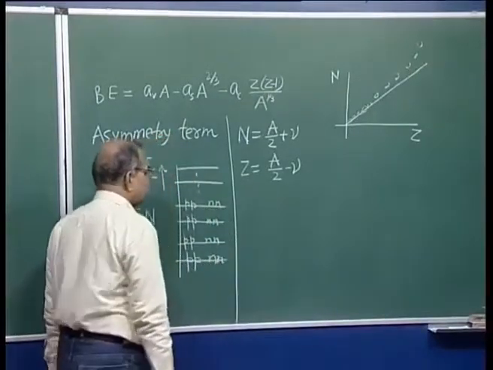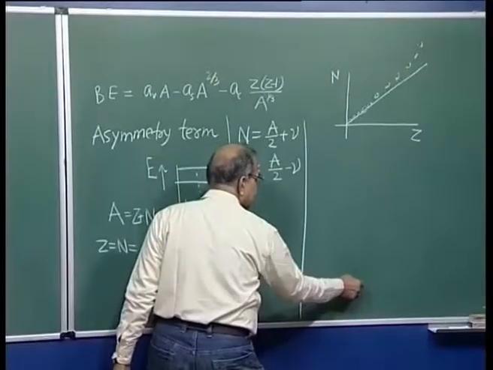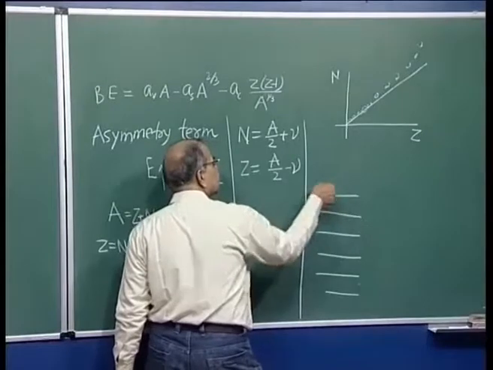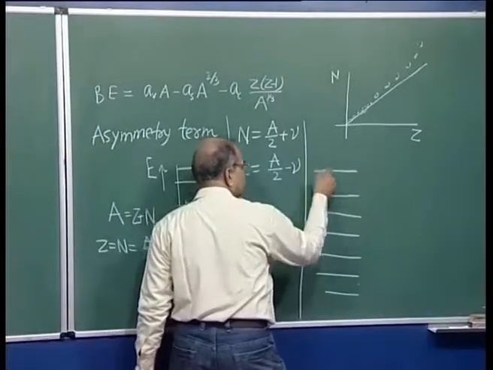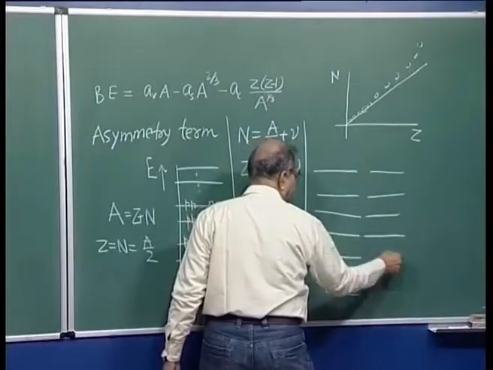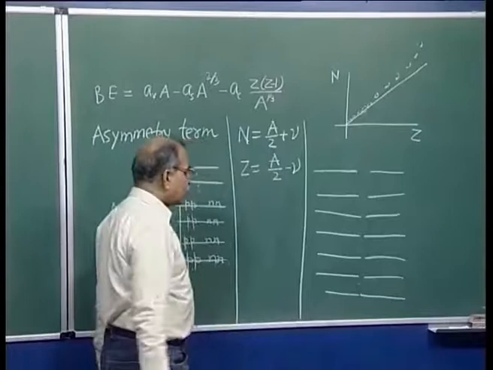If you try to fill it, let me draw it again somewhere here. Suppose these are the levels, the same levels I am trying to draw for protons and neutrons. I have just separated them so that I have some space to work.